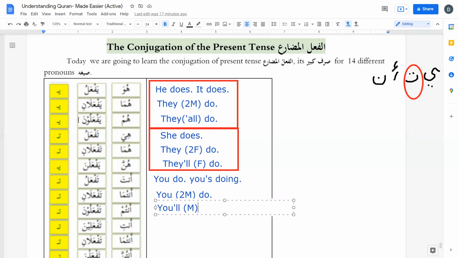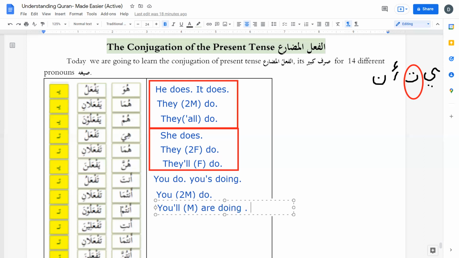For they, it is yaf'aluna. For you all, it is taf'aluna. The ending is the same: una, the plural vowel, which is the doer. So yaf'aluna, taf'aluna. You all males are doing something.